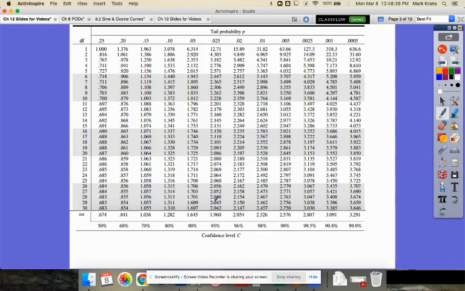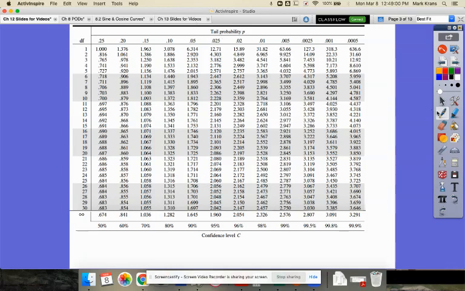I know that my p-value is, I need to be in this row somewhere. My 1.92 is somewhere between here and here. And so my alpha is somewhere between 10% and 5% at the two-tailed test. Okay, on two-tailed it's between 10 and 5. On the one-tail, it's somewhere between 0.05 and 0.025.